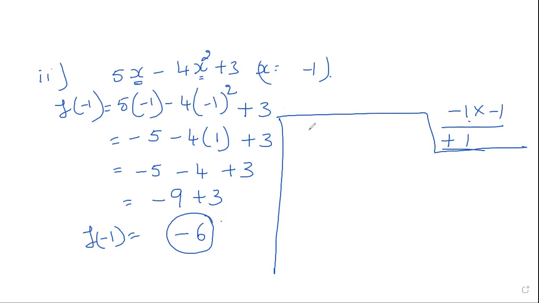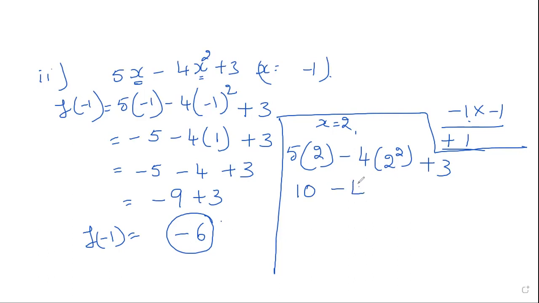Next one, x is equal to 2. Okay, for the same equation, I will substitute the value x is equal to 2. 5 into x, that is 2, minus 4 into, what is x square? X square means 2 square, plus 3. In the same equation, I have put 2 in the place of x. 5 into 2, 10 minus 4.